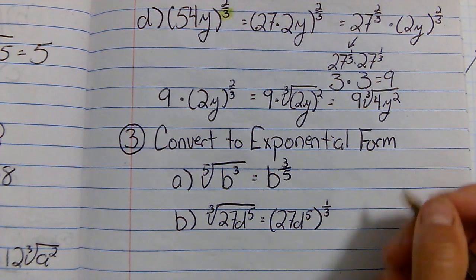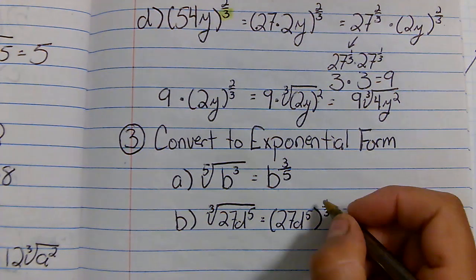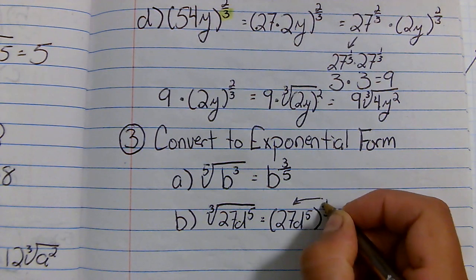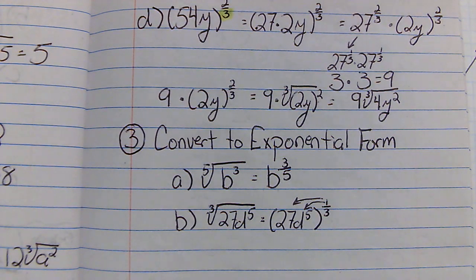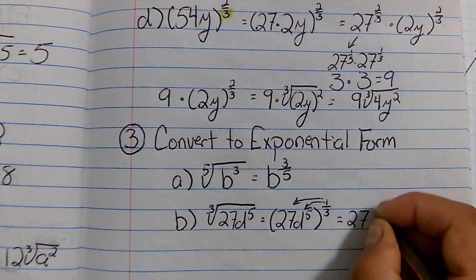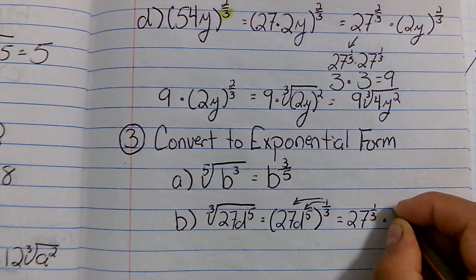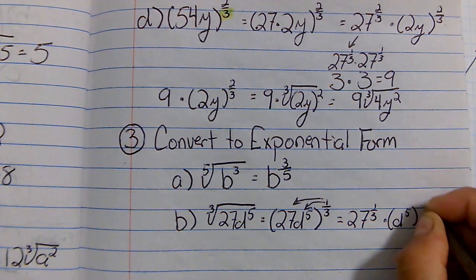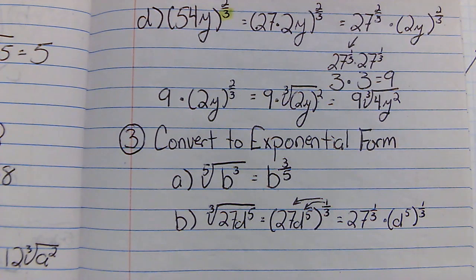Alright, so I can clean this up a little bit more though, because this 1/3, remember, it applies to everything that is inside the parentheses. So this is really like equals 27 to the 1/3 times d to the fifth to the 1/3.